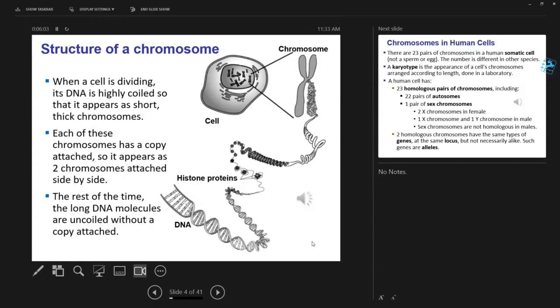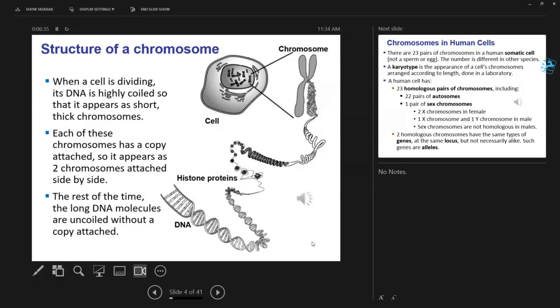Each of your cells has these 23 pairs of chromosomes, and these are very long molecules. It can be 2 or 3 inches long, one molecule. But they're all folded up, all tangled up inside the nucleus of your cells. When a cell is going to divide, half of those chromosomes go into one daughter cell, the other half go into the other daughter cell.